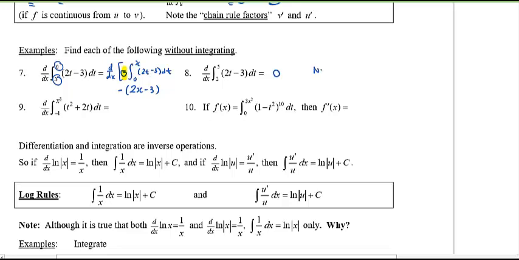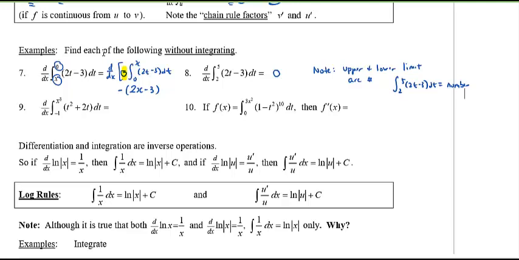So note here, notice the lower and upper limit are numbers. So when I actually take the integral of whatever function, this will actually equal a number. And then of course the derivative of a constant, yeah, that is 0. Cool.